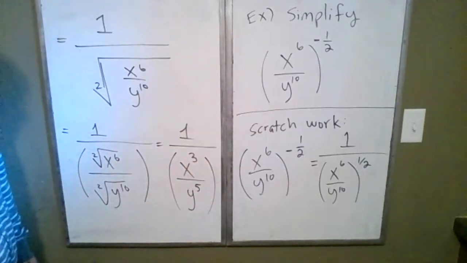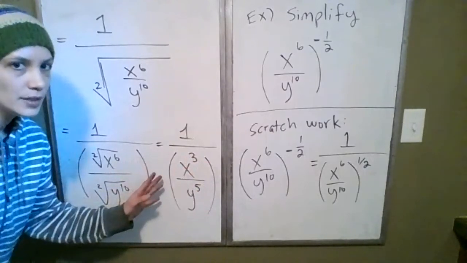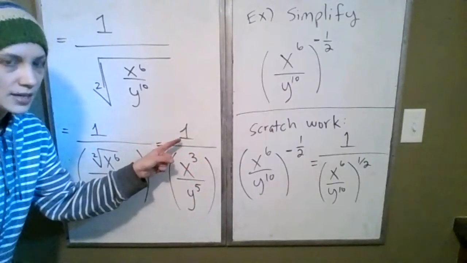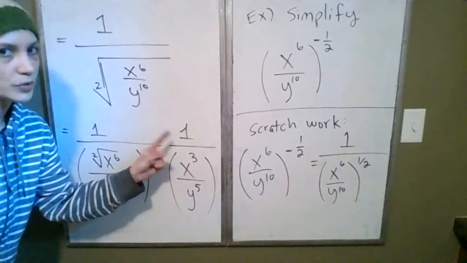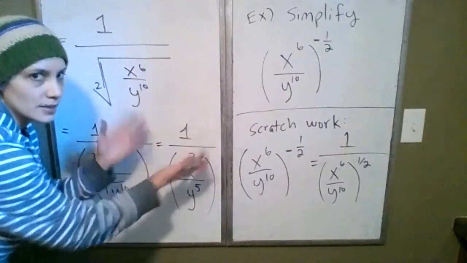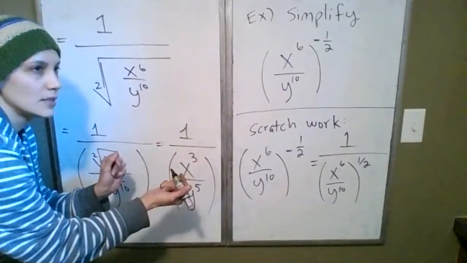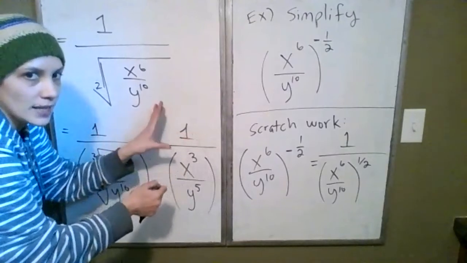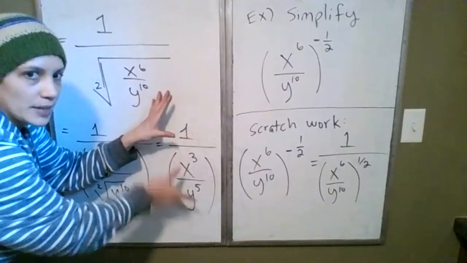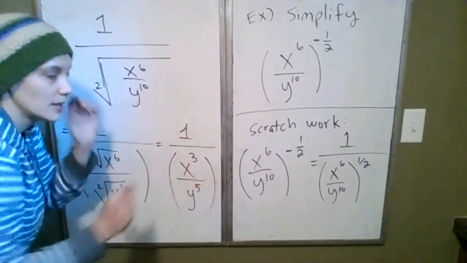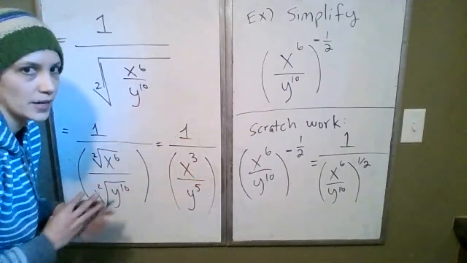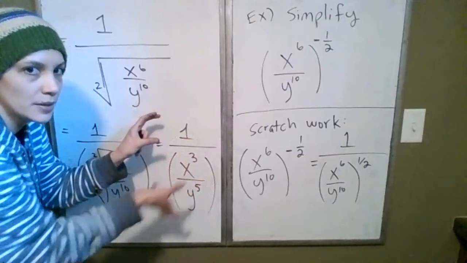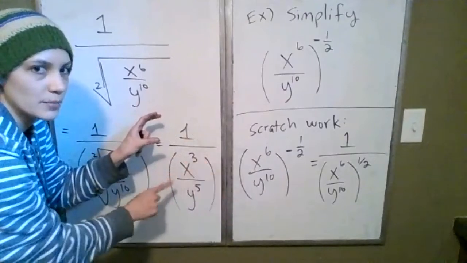Then to help with the next step, I'm going to take 1 and write it as 1 over 1. Or you know what? We can leave 1 how it is. 1 is just 1. We take that top value and multiply by the reciprocal of the bottom value. Just think of a fraction divided by a fraction: a number divided by a fraction is that number multiplied by the reciprocal of the bottom fraction.